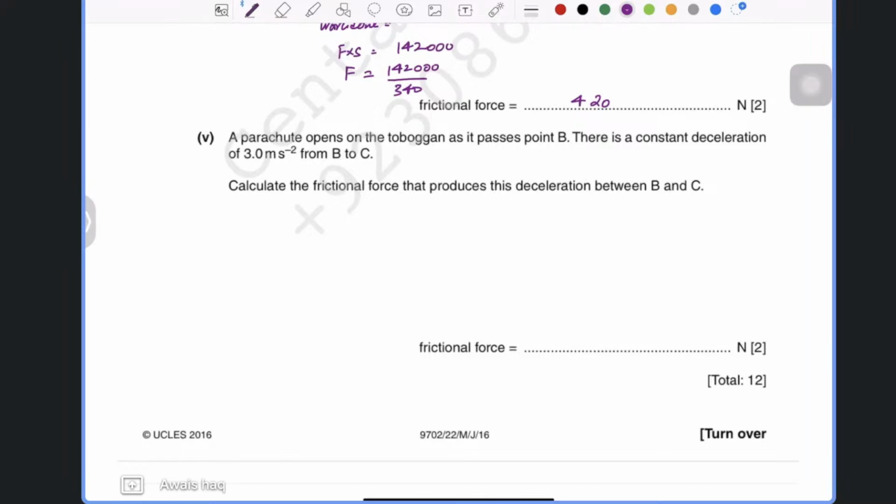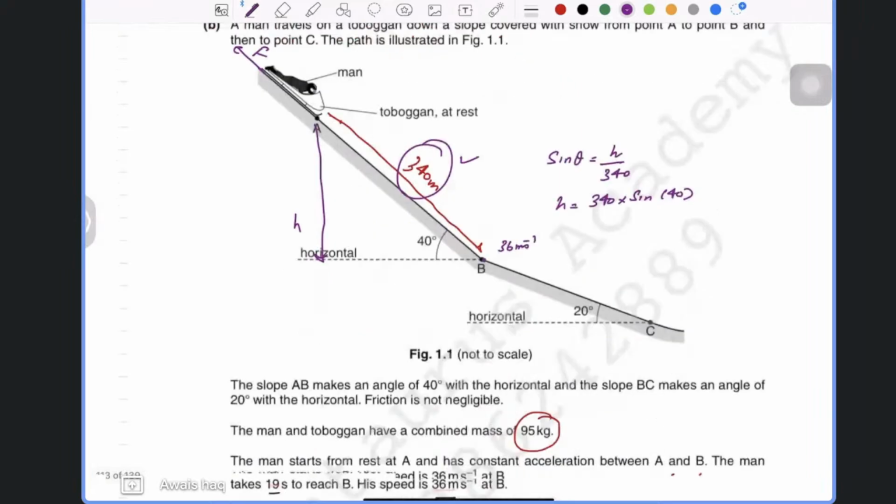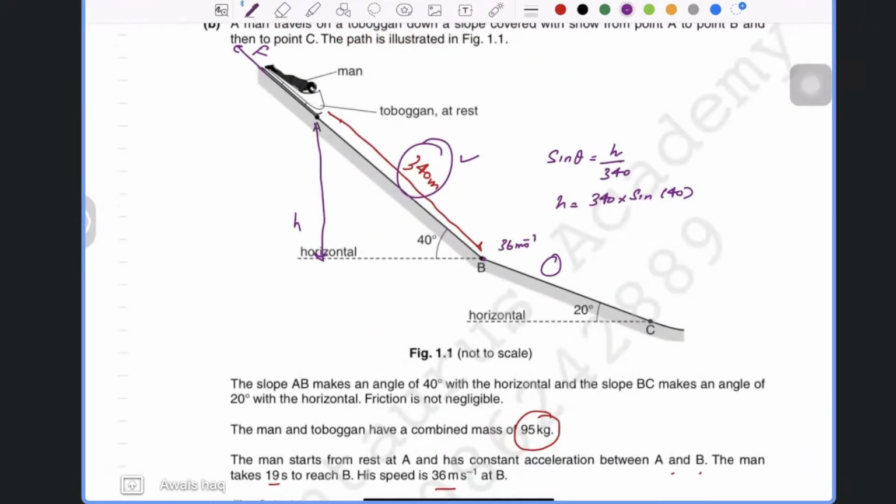Now we need to understand a few things here. First of all, this object will be here and its weight is going to be acting downwards, so naturally there will be two components of weight, one going down the slope and one perpendicular. And this angle theta is going to be 20 degrees. So the weight is trying to go down, so this will be W sine theta in the forward direction.